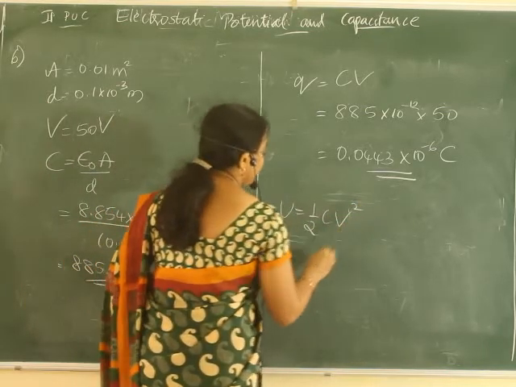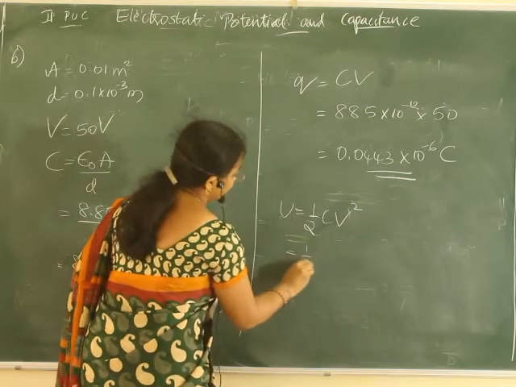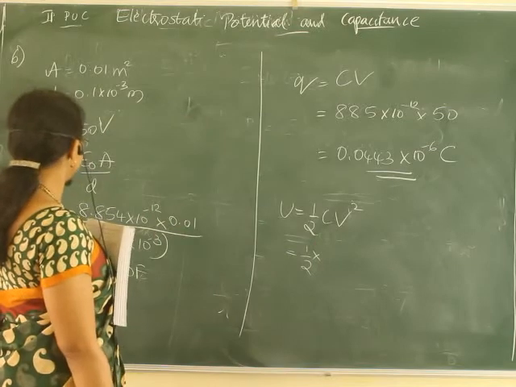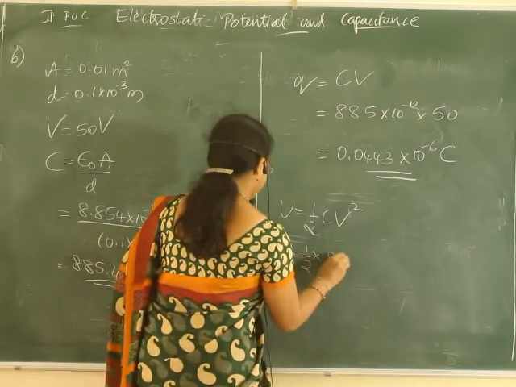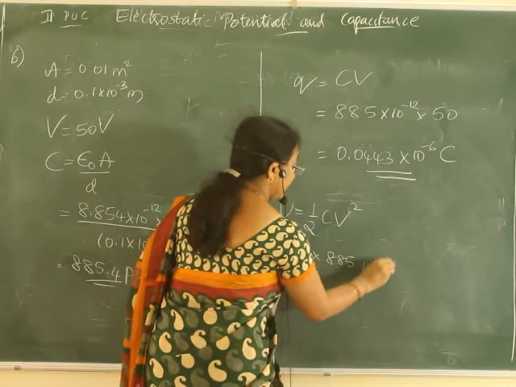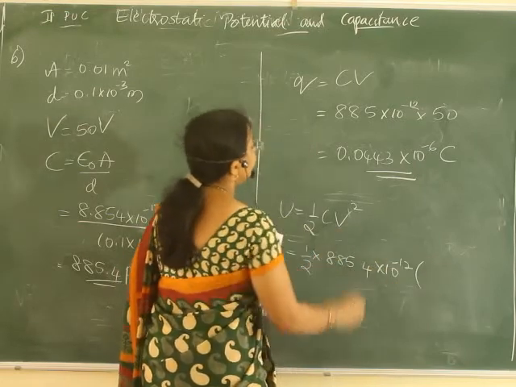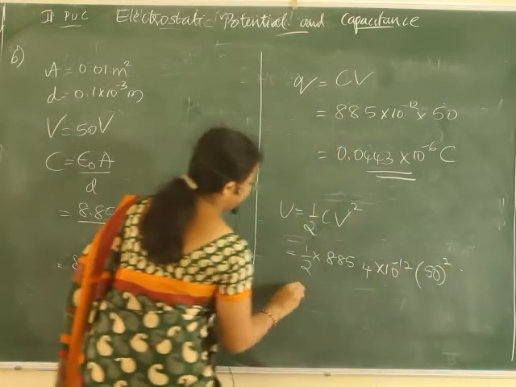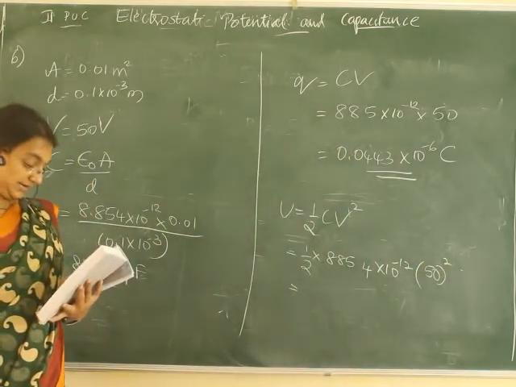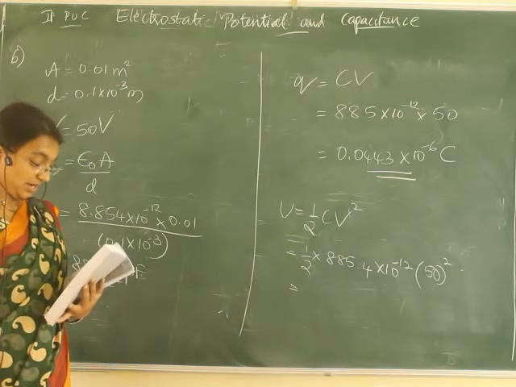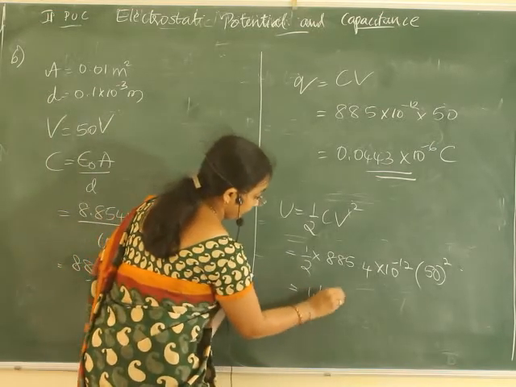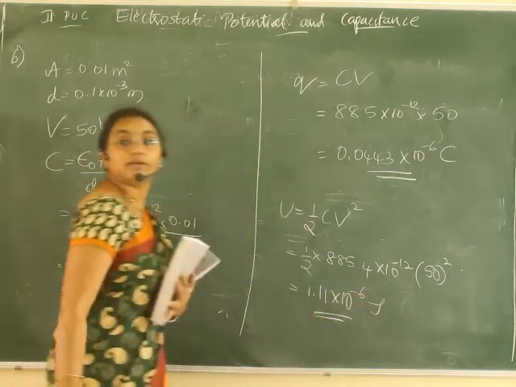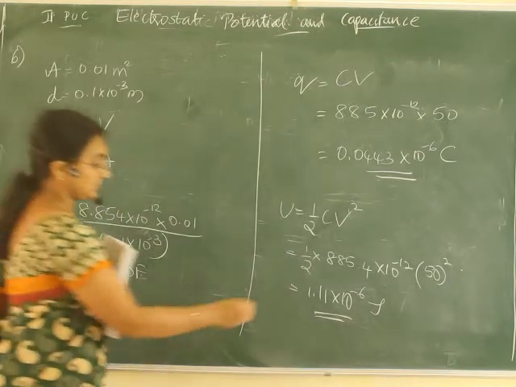In the previous problem, we have taken half QV only. Here it should be CV square. What is C? 885.4 into 10 to the power minus 12. V is how much? 50, squared. What is the answer? See, the answer we get here is 1.11 into 10 to the power minus 6 joules. Are you getting the same? Joules.